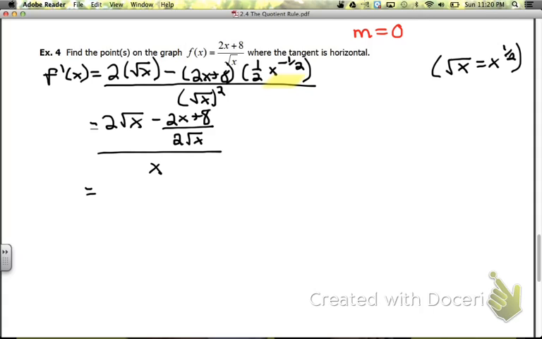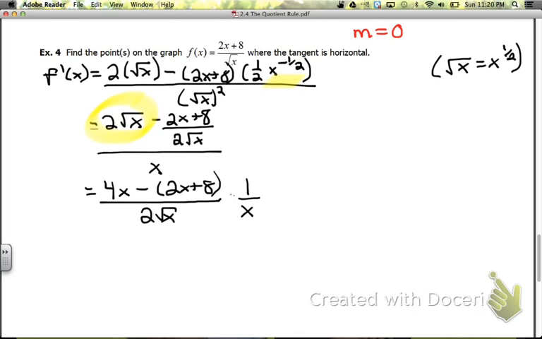So now I need to find a common denominator here. So my common denominator is going to be 2 root x. So I need to multiply our first part here by that 2 root x. So when I do that, I'm going to be left with 4x minus our 2x plus 8. The reason I put the brackets around the 2x plus 8 is so that you don't forget to apply that negative to both things inside. All over 2 root x times 1 over x.